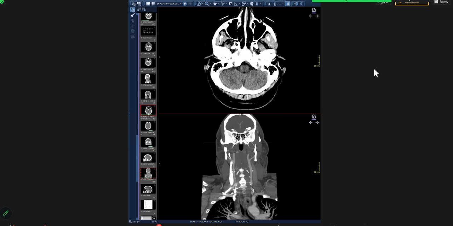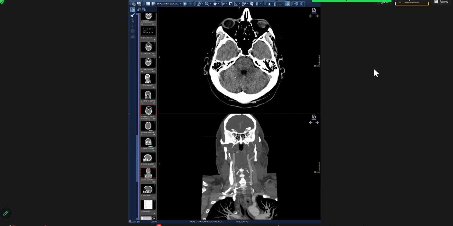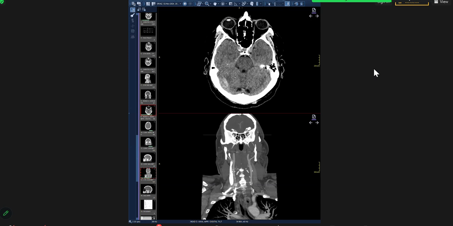I don't have that case, but I've been shown once in an exam in which the internal cerebral veins were thrombosed and there was edema in both thalami.